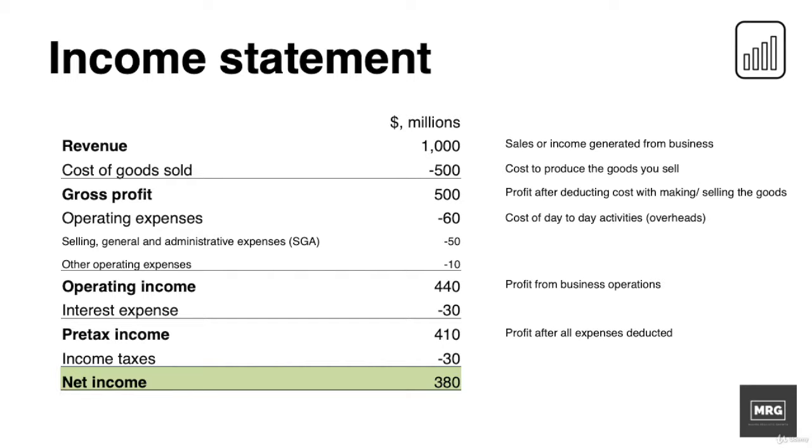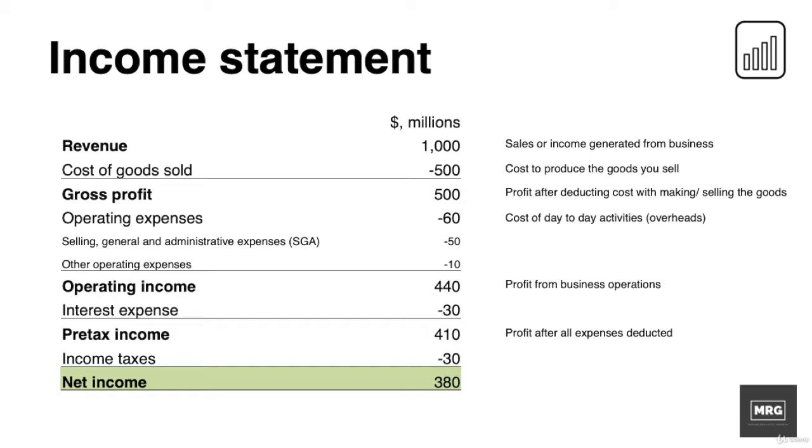In some cases, you will have loans or debts that you take on, and you have to pay off the interest. So you take off 30 million here for interest expense to pay back the loan or the debt that you have. You will have a pre-tax income of 410 million, and this is the profit after all expenses are deducted.